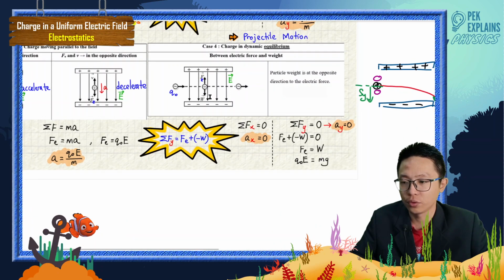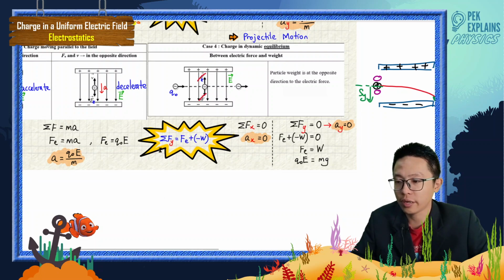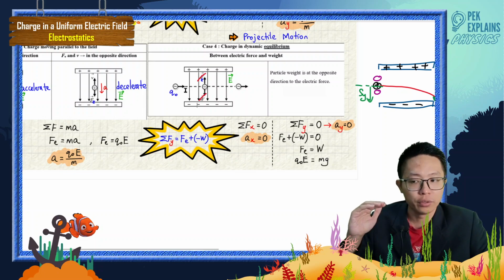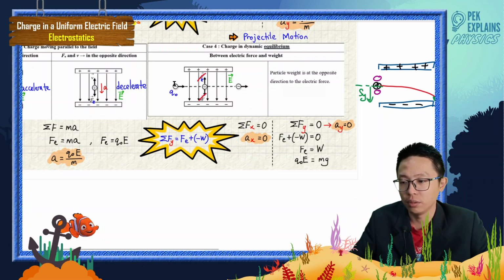But if you consider the weight also, and the weight is equal to the electric force, then they both cancel off. So the total Fy is equal to 0. So you won't get a projectile motion. This object will go straight, undeflected.